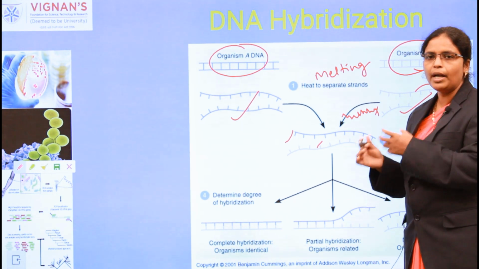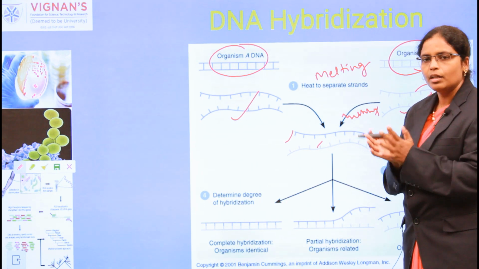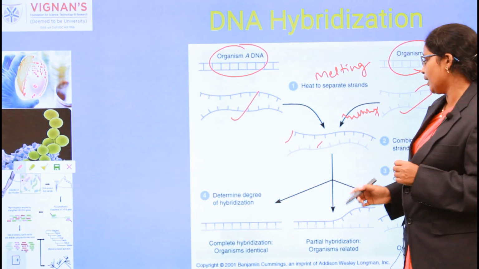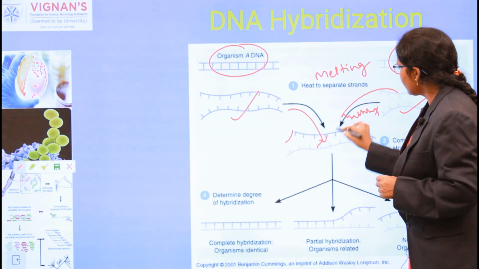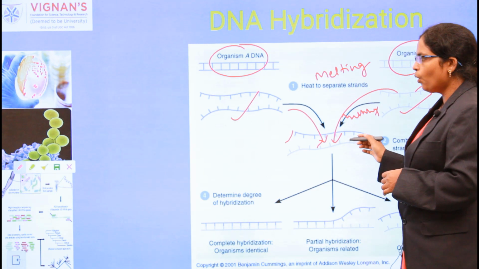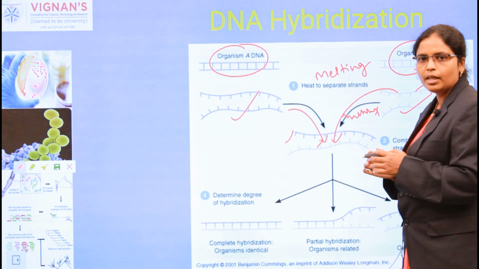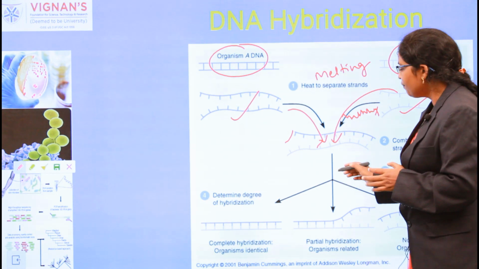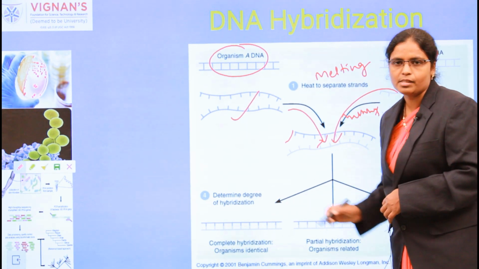Whenever we melt the genetic material, the double strand breaks down into single strands. Next, mix these strands in a test tube. If these two organisms are similar, then after cooling the temperature they will hybridize.